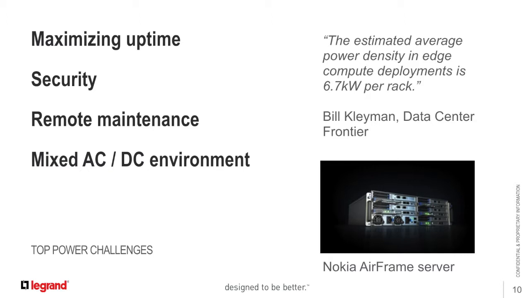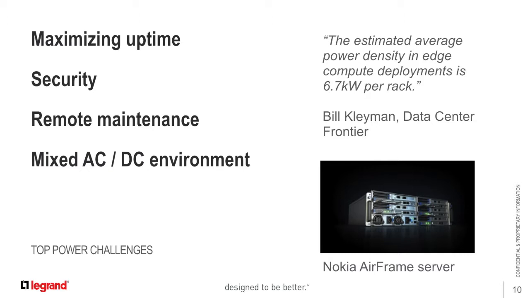So what do you need to be looking out for in that case? You've decided you're going to deploy to the edge. You're going to be part of that infrastructure that's out there. What do you need to look for?